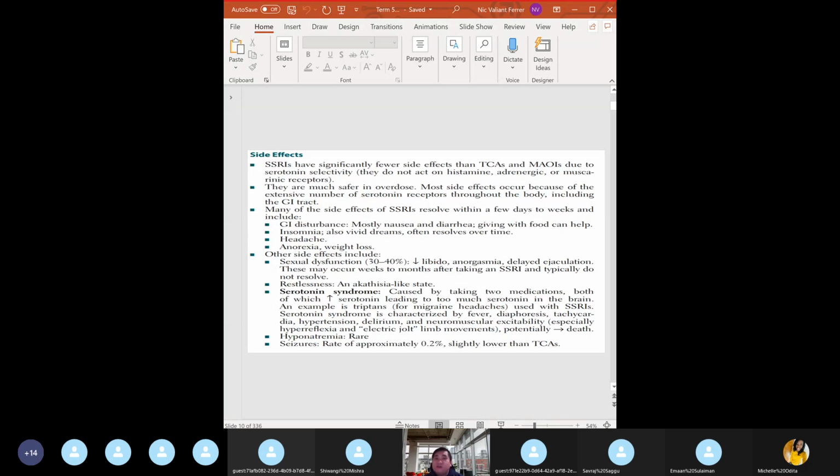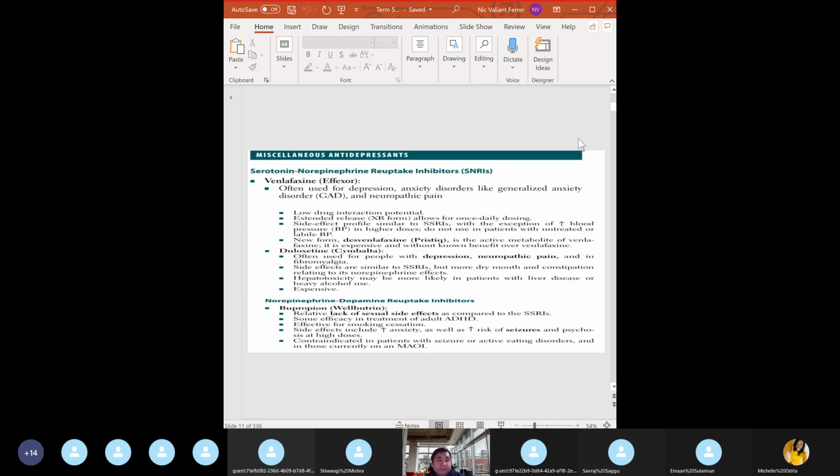Because if there's no washout period between transitioning from SSRI to MAOI, you can have serotonin syndrome. Although hyponatremia is very rare, seizures, you have a 0.2% risk, slightly lower than your TCAs.